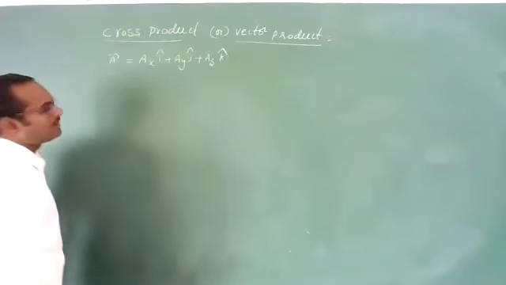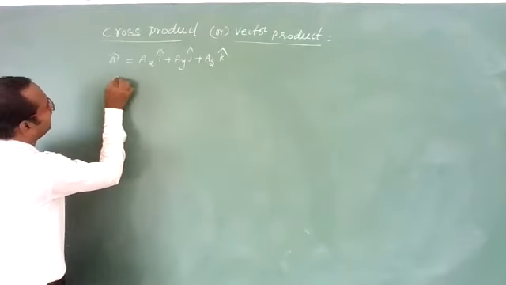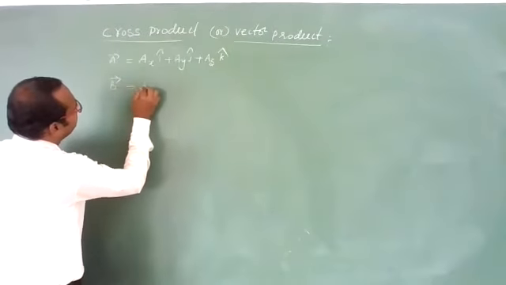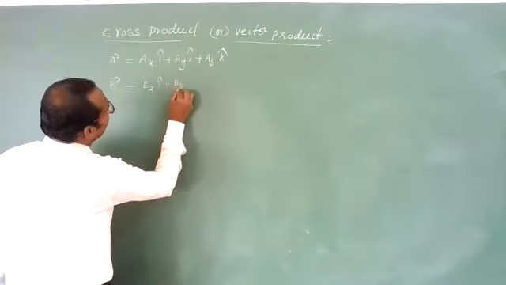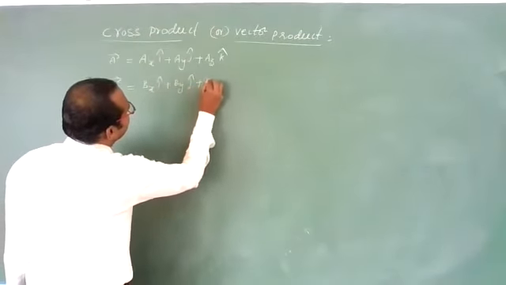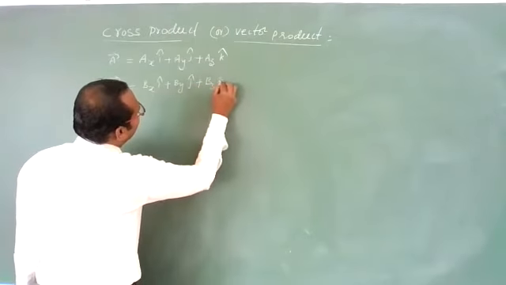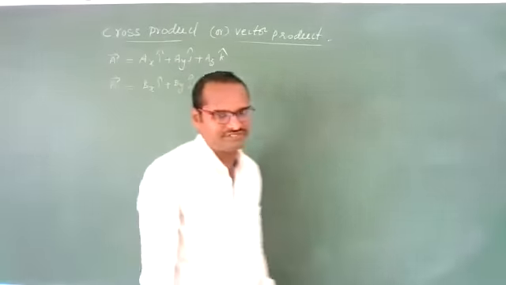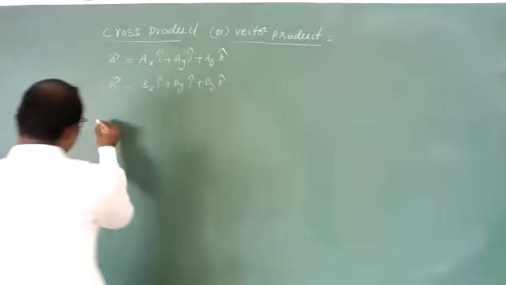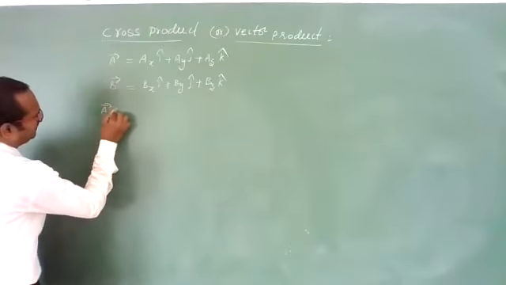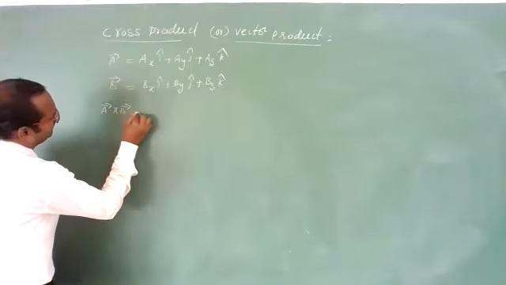Now another vector is there, B bar, that is Bx i cap plus By j cap plus Bz k cap. These two vectors are there with us now. Now what should we do? We should do the cross product. Let us suppose we have to find A bar cross B bar. What should we do, sir?